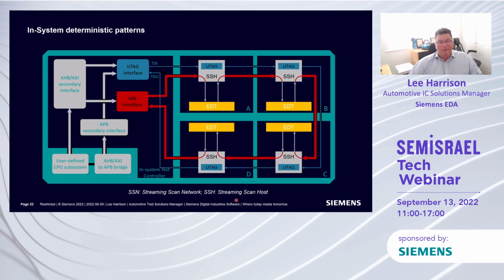So looking to the future, we're looking to bring deterministic patterns into an in-system architecture. So being able to run your manufacturing test patterns in a way that we can do that in system, and that will give you a lot higher quality and coverage, which we expect to be demanded of in the future.